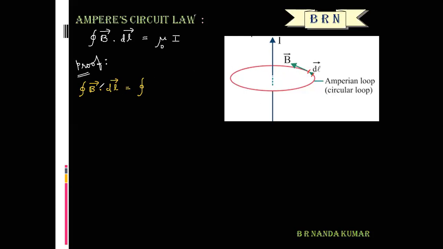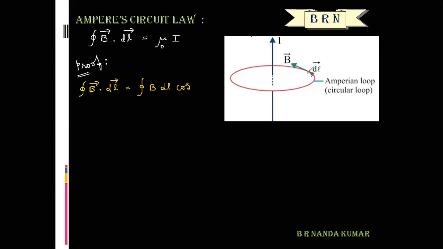What is the meaning of the dot product of two vectors? The dot product of two vectors is given by the product of the magnitudes of the two vectors, the magnitude of B vector is B, the magnitude of dl vector is dl, and the cosine of the angle between them. Here the B vector and dl vector are parallel.